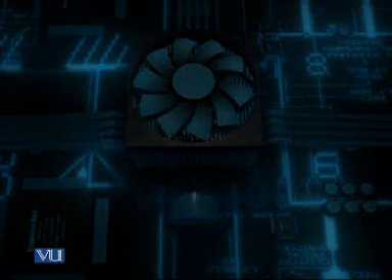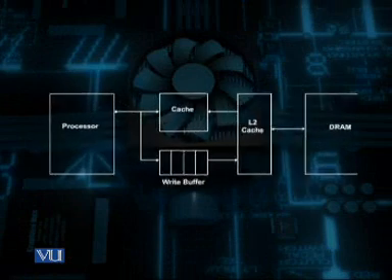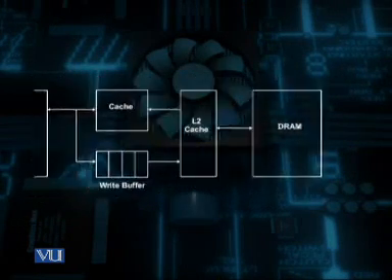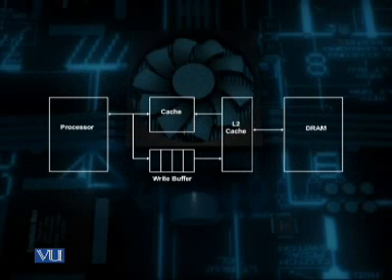The second solution is that you install a second level cache between the write buffer and memory and make this second level cache a write back cache. You can see this from this block diagram where an L2 cache is placed in between the cache and the DRAM. With this much discussion on the write strategy, let us talk about the write miss policies.